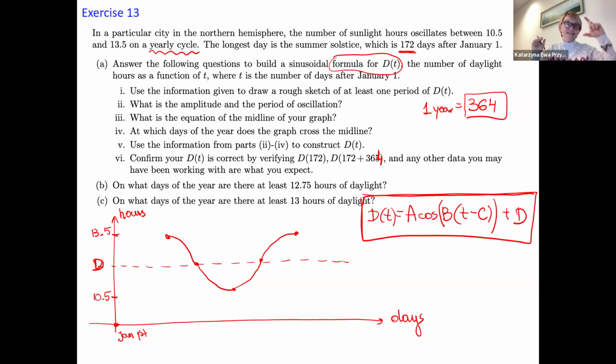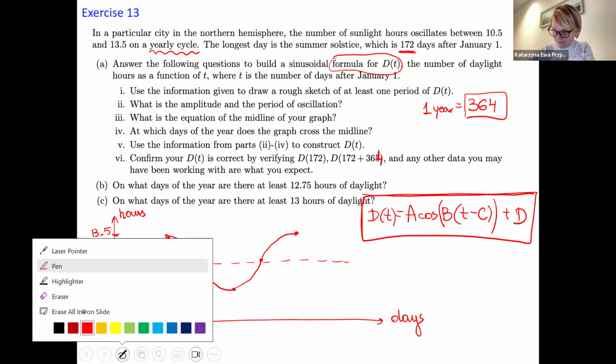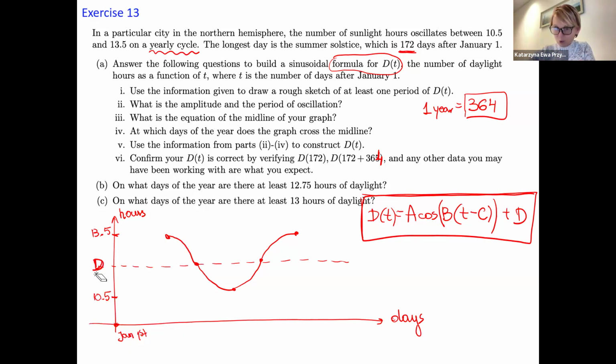It's between 10.5 and 13.5. We can add together and divide by 2 really quickly. Who can help me? 12. Yes, thank you. That means D is 12, the midline. That's it. Okay, this is 12.